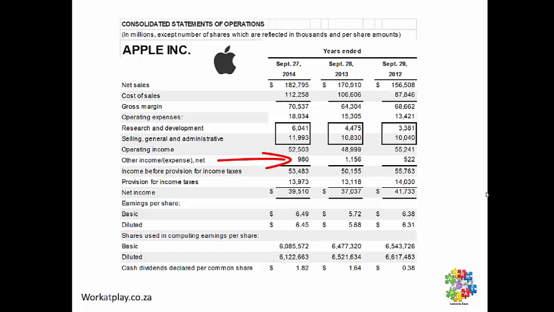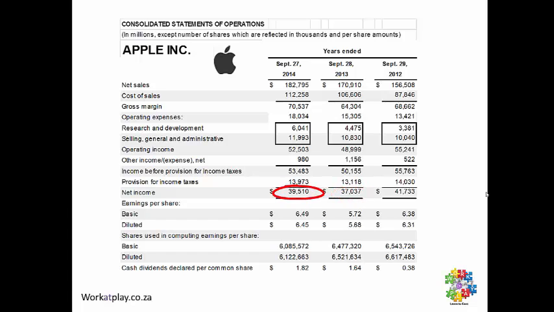Now, the other income is other things that are not directly related to the actual business, and that gives you your income before tax. Then take off your tax and you're left with your net income. And you can see that in 2012 it was 41 million, 2013 it was 37 million, 2014 it's 39.5.